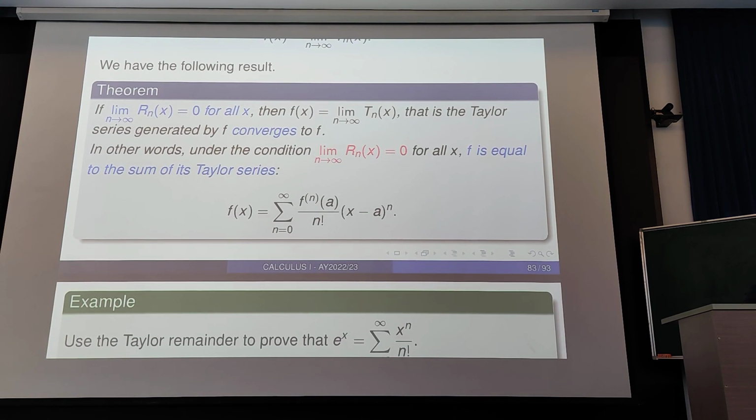And we have this theorem for the Taylor series representation of a function. So if the limit of the remainder equals 0, so we fix x and let the order of the remainder n tend to infinity, and if we have it equal to 0 for all x, then f(x) can be represented in terms of its Taylor series. Okay? Yes.